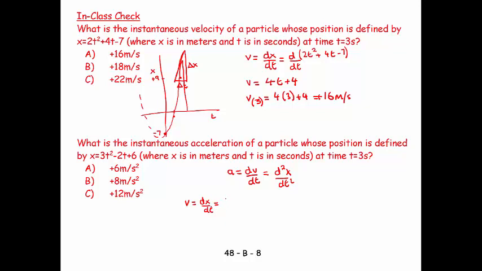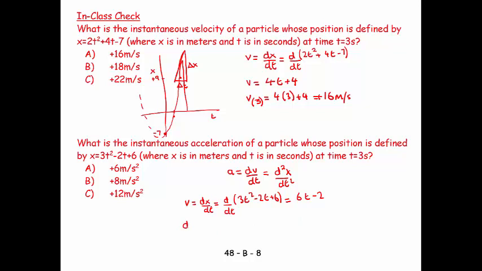let's have a look. It's going to be d by dt of 3t squared minus 2t plus 6, which equals, it's going to be 6t minus 2.